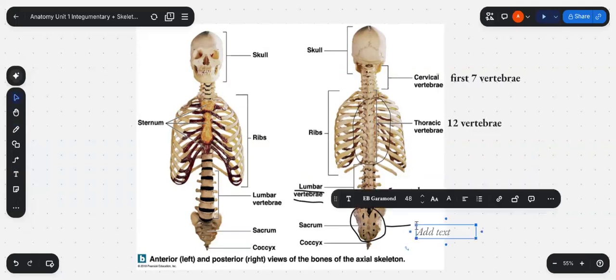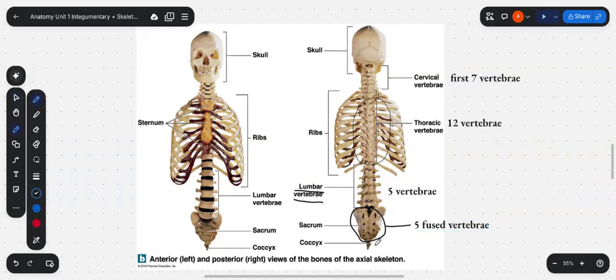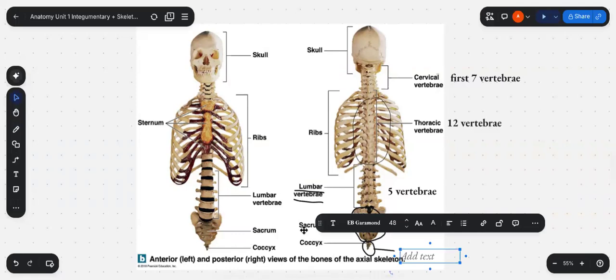So your sacrum is composed of 5 fused vertebrae. And then your little tailbone at the very bottom is your coccyx or your coccygeal, whichever one you want to say. I personally like coccyx better just because it is easier to spell and it's shorter.